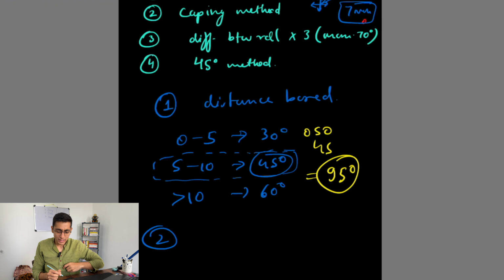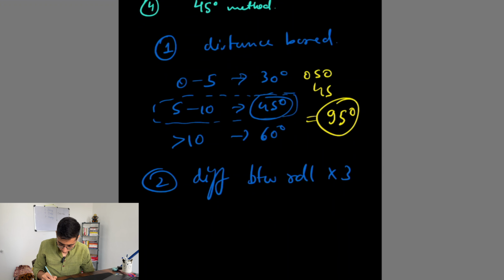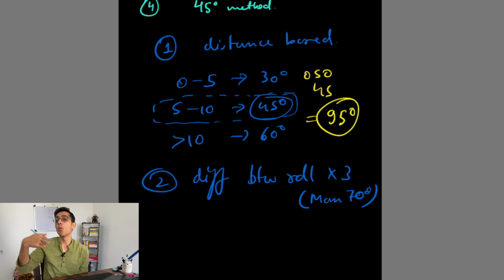The second method that we'll discuss is the difference between radials multiplied by 3. Let's discuss that first. In this, the maximum correction that you can apply will be 70 degrees. You will never go beyond 70 degrees of correction to the heading that you actually want to follow later when you will be on that specific radial, the course which you will be following.